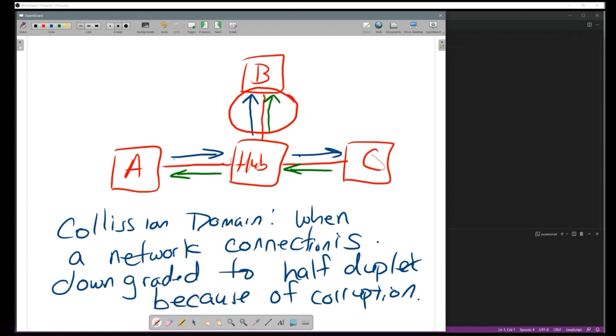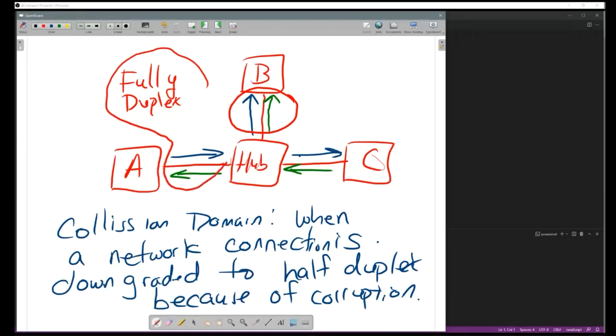Okay, so we already mentioned that cables themselves are fully duplex. But what does fully duplex mean? Fully duplex means that you can send and receive at the same time. So this is okay, and this is okay too.